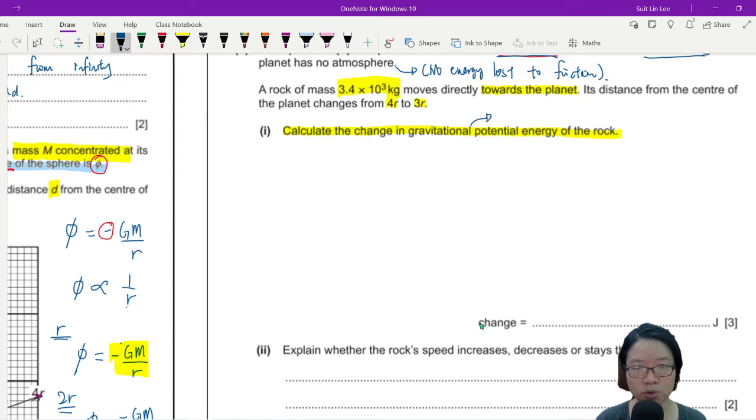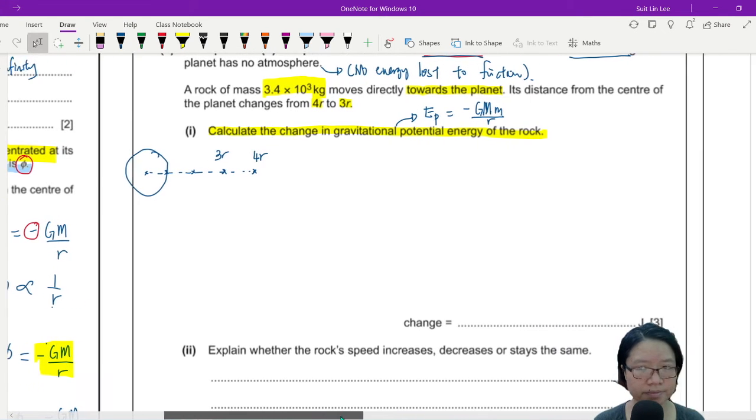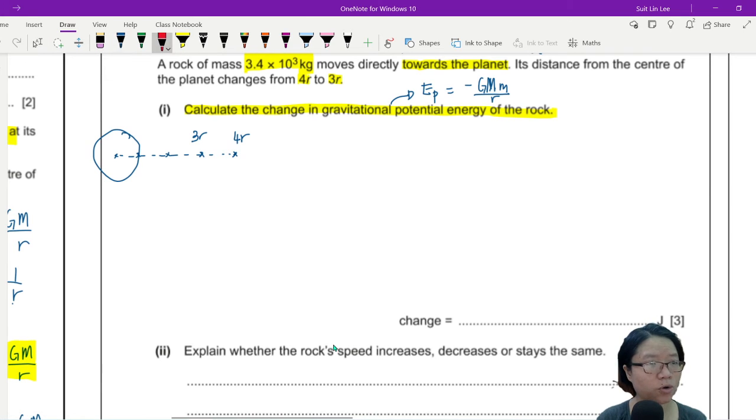Gravitational potential energy at any point, GPE, I'm just going to call this EP, is equal to negative G, mass of the planet, mass of the rock, GMM over R. Okay, and if it helps you, I will draw out the planet, and we are bringing the rock from, okay, so this is R, 2R, 3R, from 4R all the way to 3R.